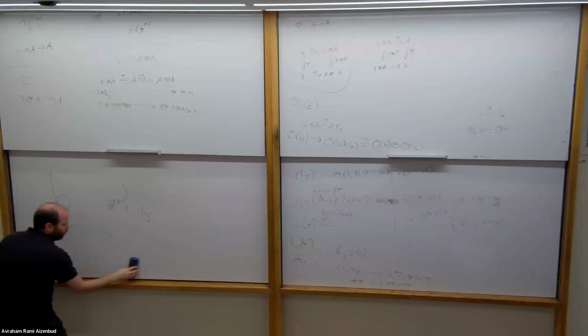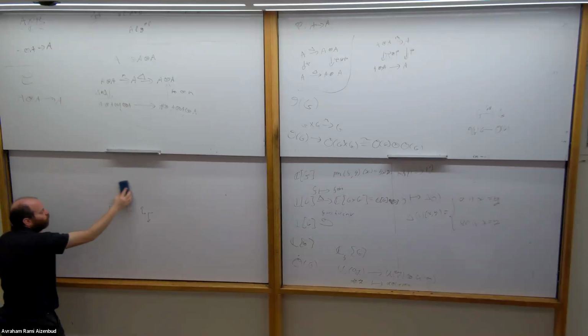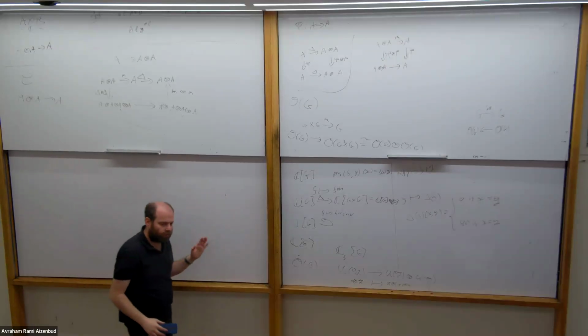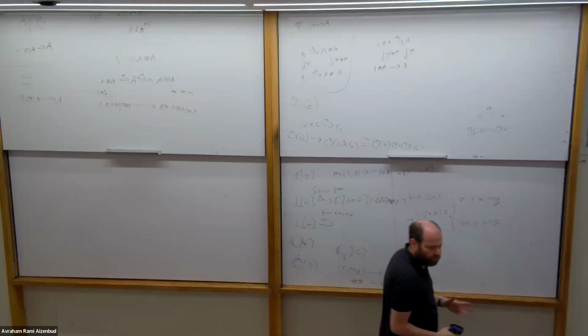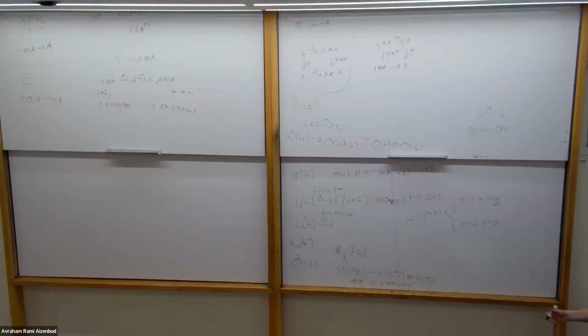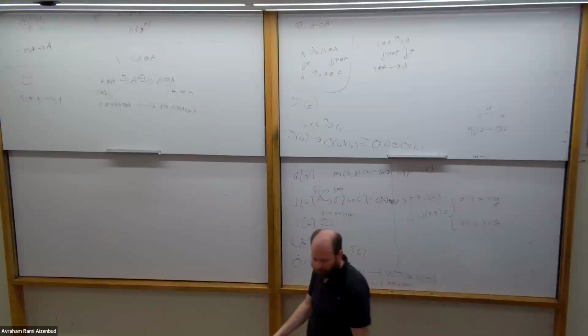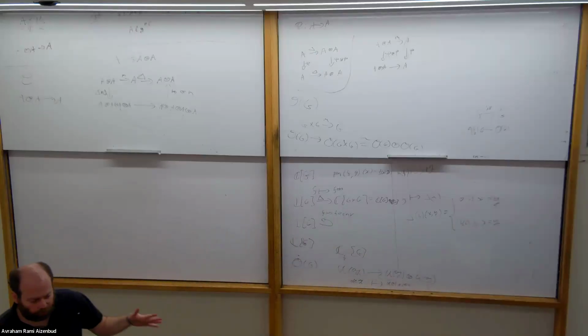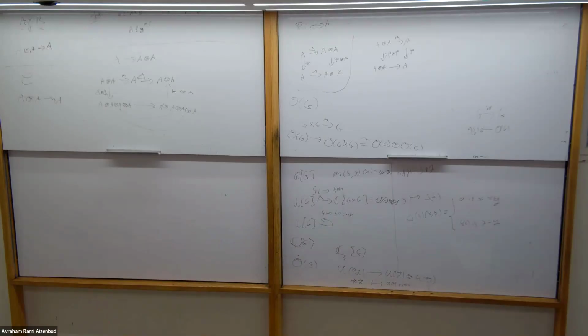So what happens when you consider the category of modules over, say, a bialgebra? You can consider just the category of usual modules. You just ignore the bialgebra structure and consider only the algebra structure.